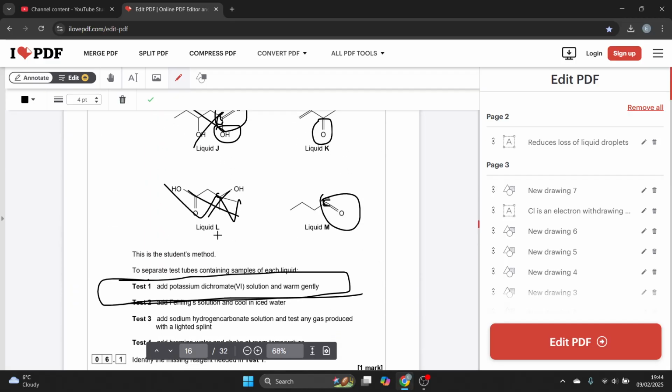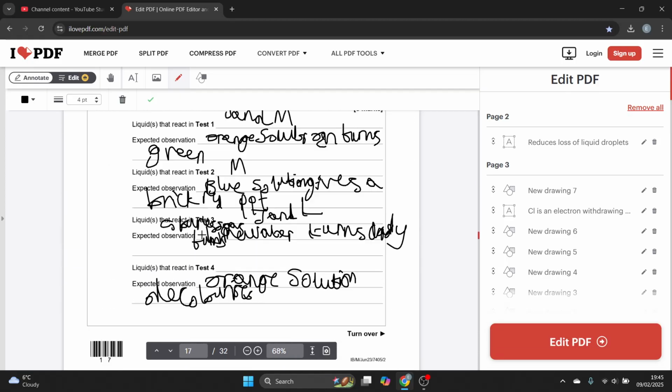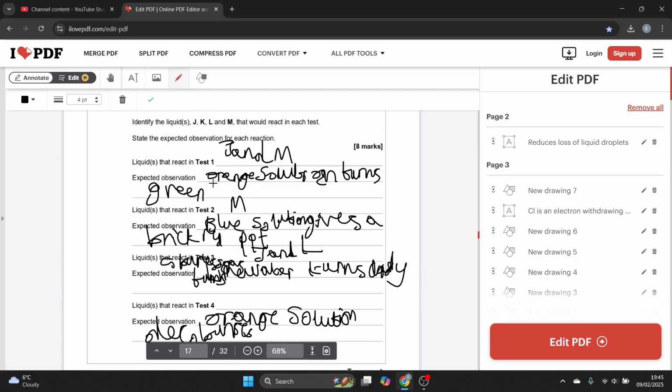Add bromine water and shake at room temperature. Well, what does bromine water test for? So we've got J and L. Colorless gas turns lime water cloudy.